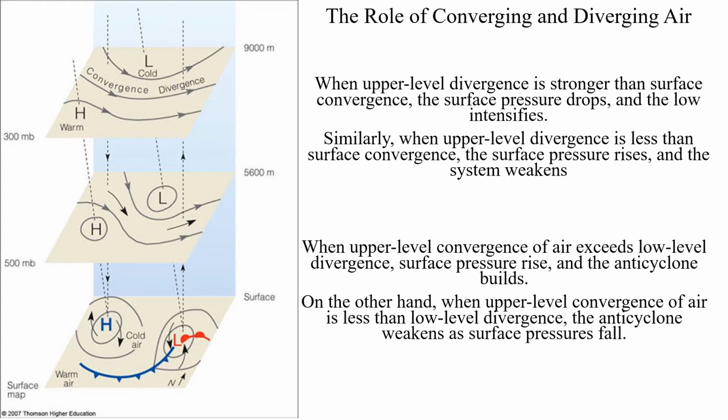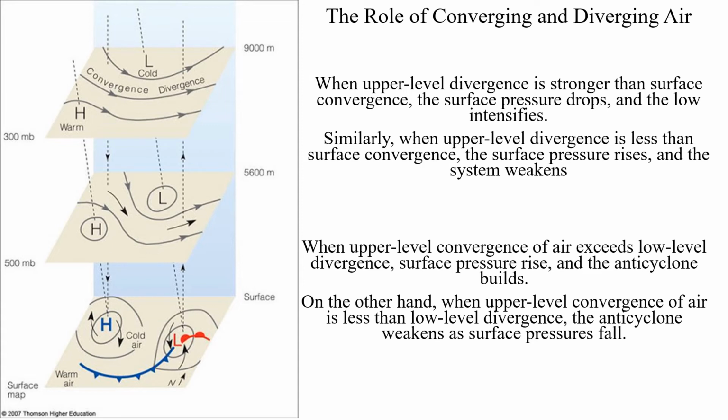When upper level divergence is stronger than the surface convergence, more air is taken out at the top than is brought in at the bottom.